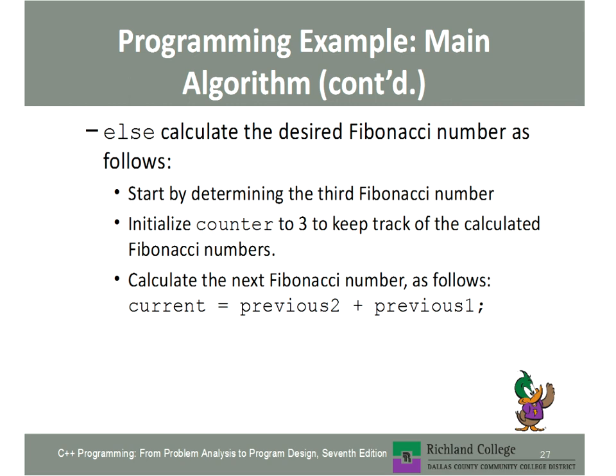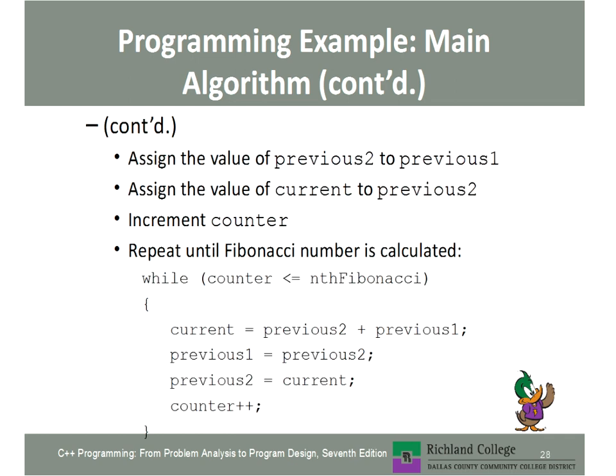And then, if the end Fibonacci number that you read is 3 or larger, then you're going to have to start going into loop statements. And how do we figure out the current? Current is the previous 2 plus the previous 1.